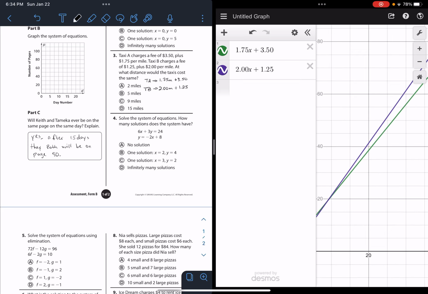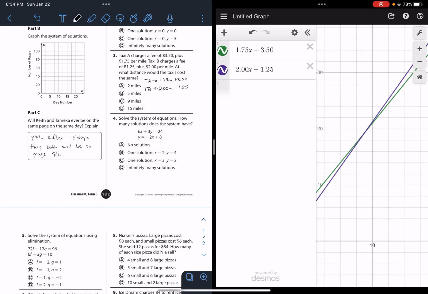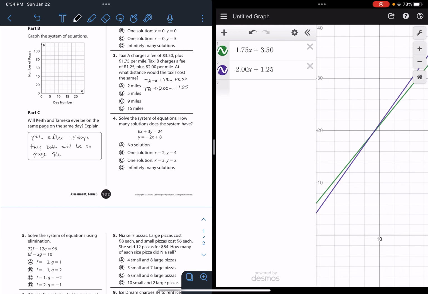And then we can look at the graph there and see where they cross. Looks like they cross right around here, about 9 miles. Yeah, they cross at 9 miles. So that x value there, where it says 9, 19.25, so at 9 miles, they would charge the same for both taxi rides. So at 9 miles.